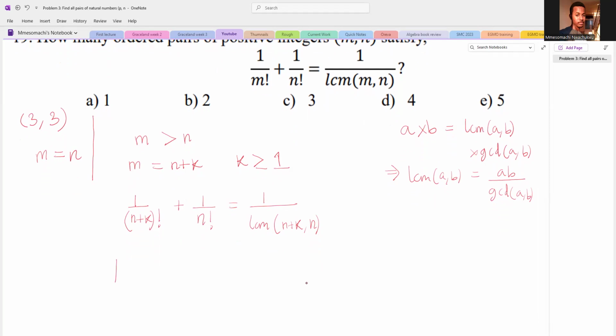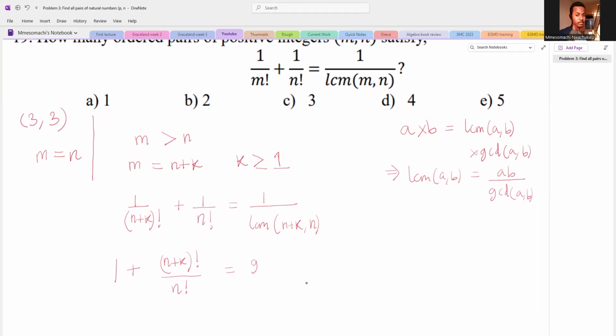Okay, so let's move on. So we have 1 plus n plus k factorial over n factorial equals, and I'm going to replace 1 over the LCM of n plus k and n with this.